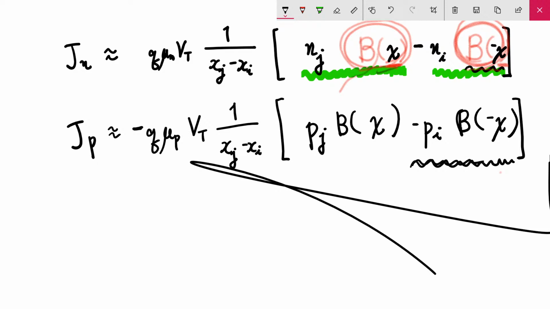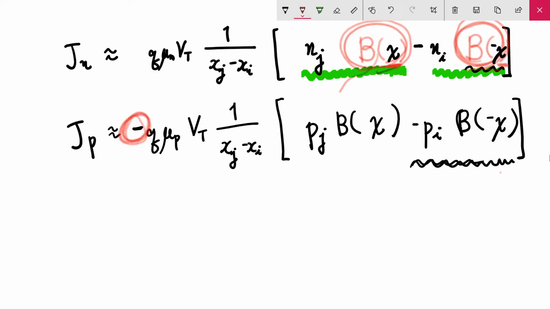Then we will have the opposite sign for our drift component, because here we have an overall sign difference in this part. So the diffusion term generated from this Scharfetter-Gummel scheme will have the opposite sign.